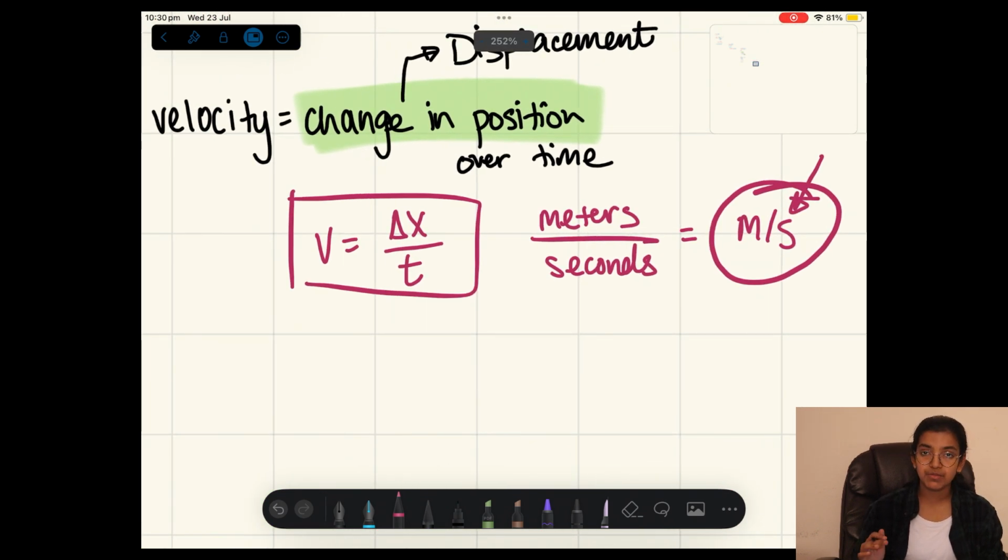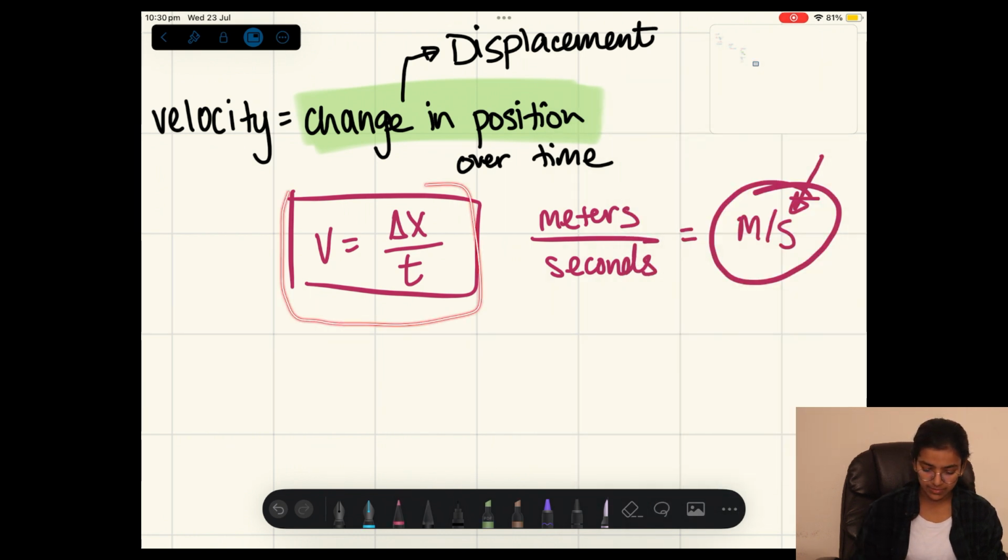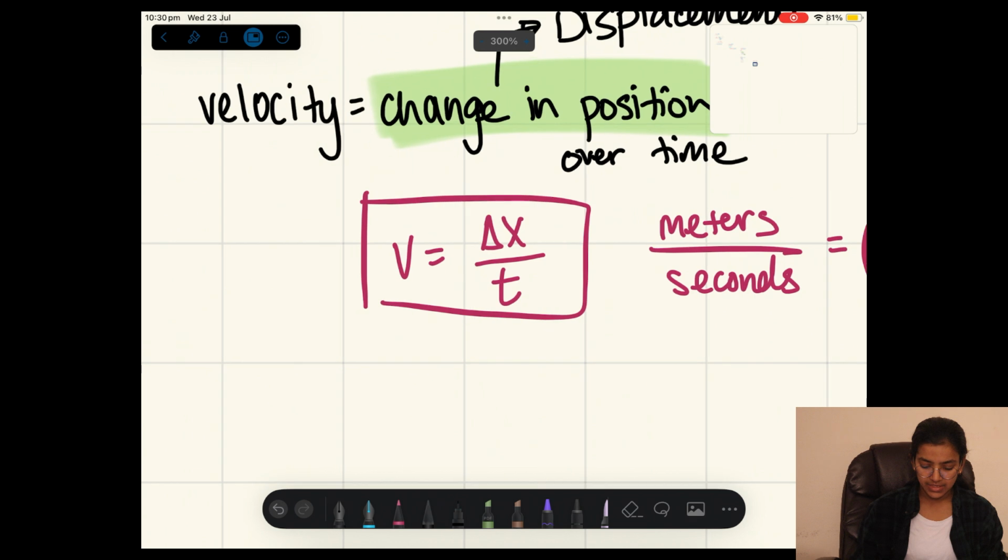One more, the most important thing that I like to point out is that velocity has direction, okay? The reason being that if you see over here the equation of velocity, you'll see that in the numerator we have displacement, okay? And displacement is a vector quantity, so it has both direction and magnitude.